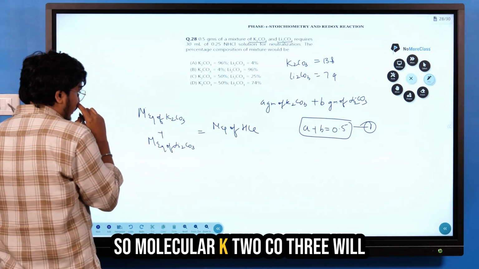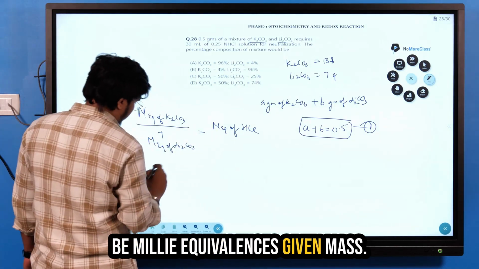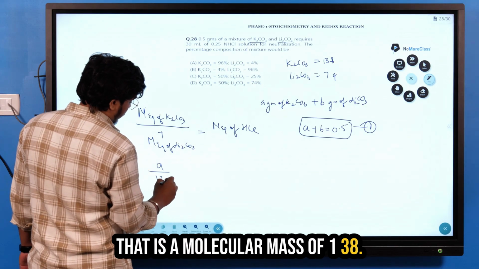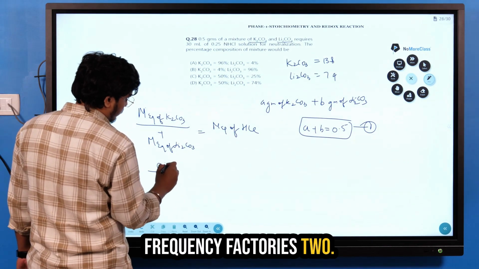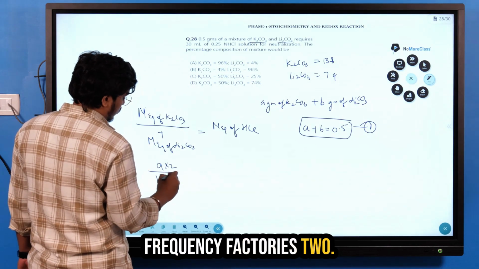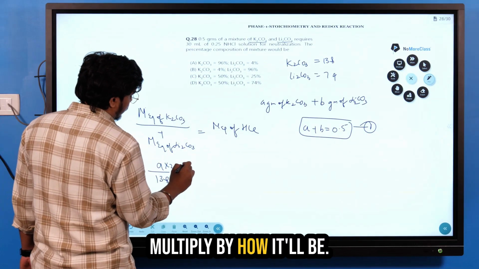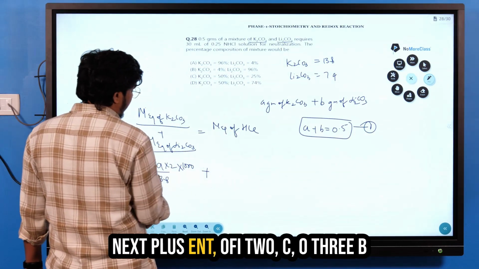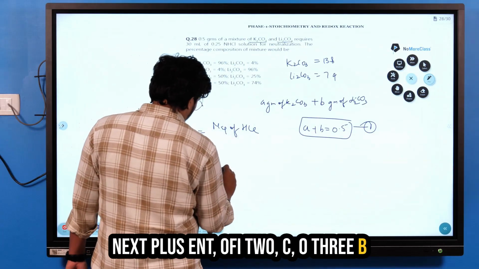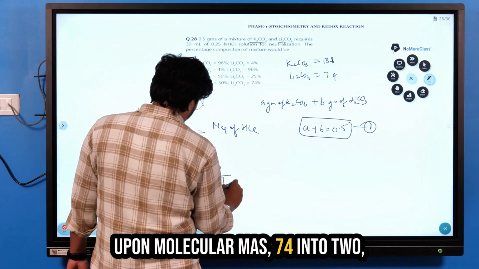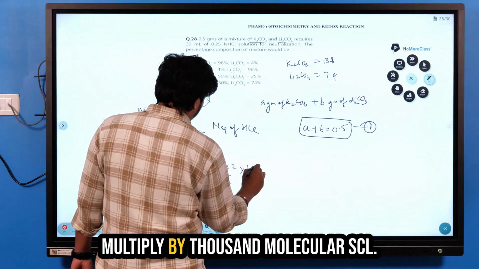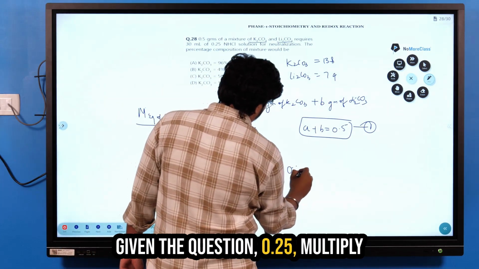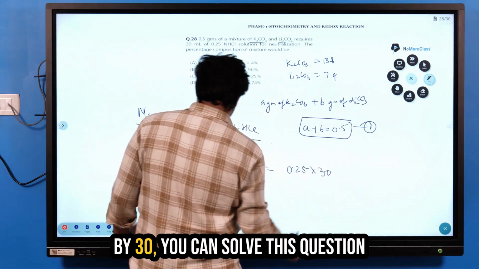The milliequivalents of K₂CO₃ is given mass, that is A, upon molecular mass, 138, and the n-factor is 2, multiplied by 1000. Next, plus the milliequivalents of Li₂CO₃, B upon molecular mass 74 into 2, multiplied by 1000. The HCl is given in the question as 0.25 multiplied by 30.